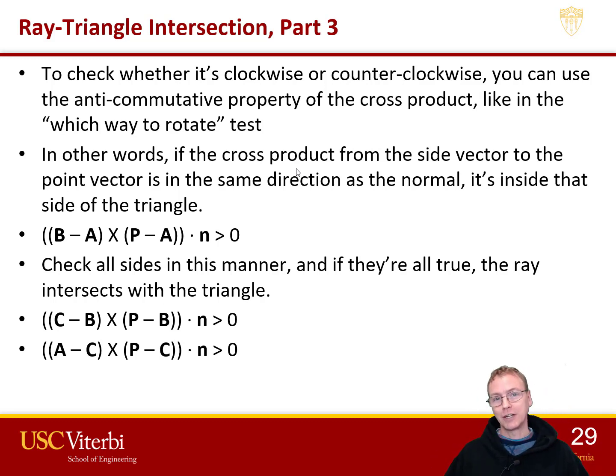You can make it more efficient if you do cross product, dot product, if statement. Because if it's negative, you're done. If it's not negative, then you do the next cross product, dot product, if statement. And only if that is also positive, then you do the third cross product, dot product, if statement. Okay, so you can early out. Oh, and also let me repeat, there's lots of other ways to solve this.